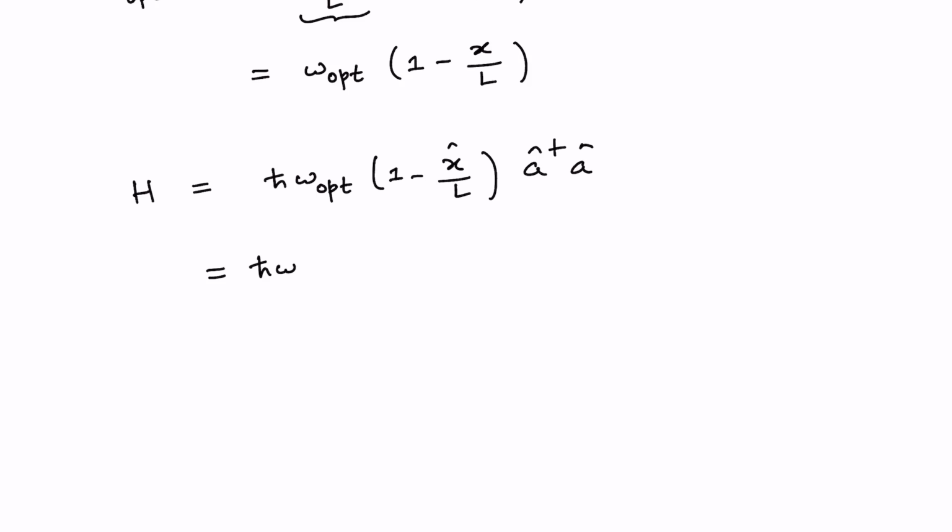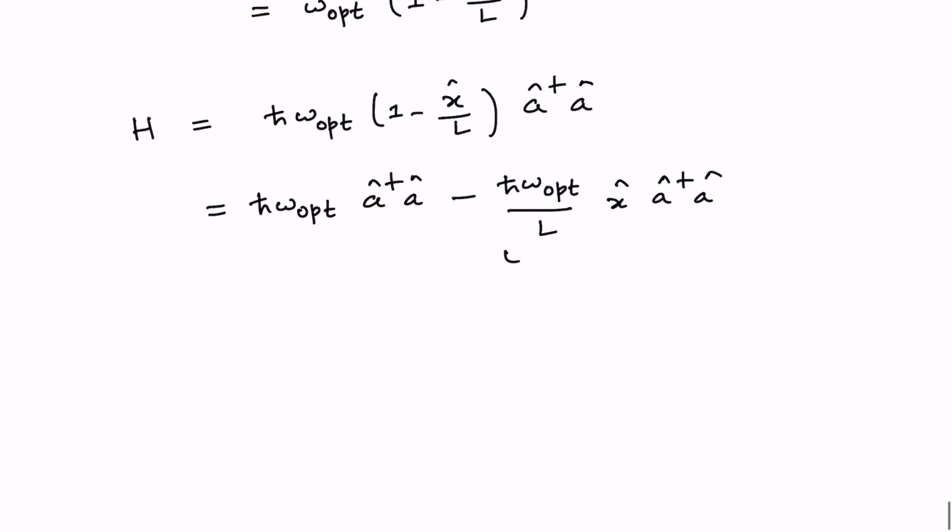So I have two terms out of it: h bar omega optical a dagger a, which describes the energy of the optical mode, and this second term, h bar omega optical divided by L into x cap a dagger a, which is the interaction between the optical mode and the mechanical mode.